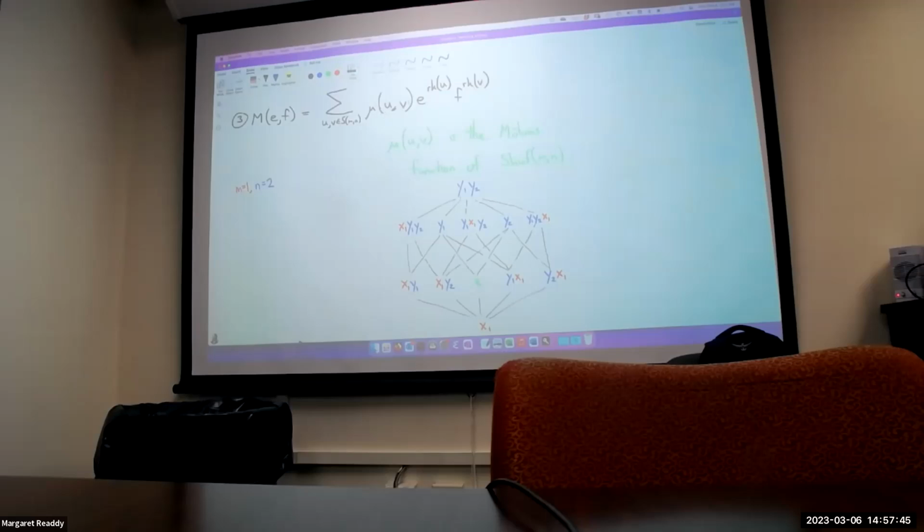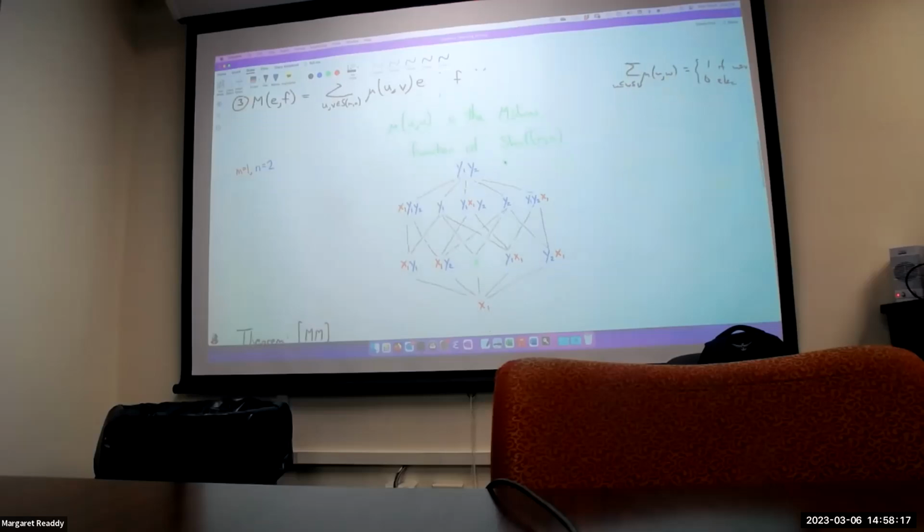If you know Mobius functions, it's defined by this condition: you sum over W, where W goes between U and V, and this is equal to either 1 if U equals V, or 0 otherwise. That's the quickest definition of the Mobius function I can come up with. So this is called the Mobius polynomial.